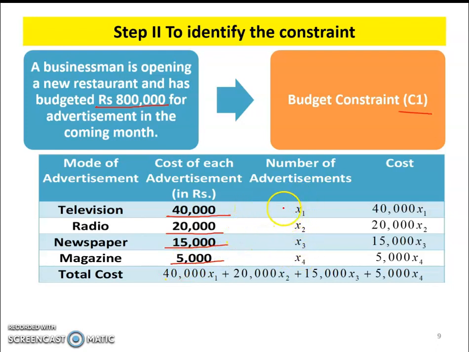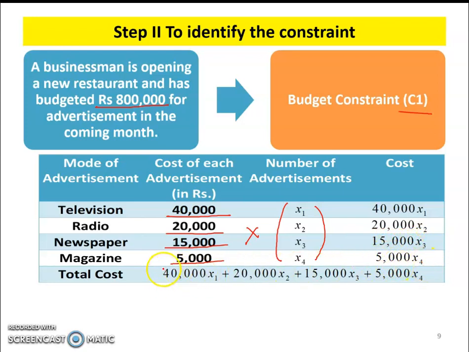And the number of advertisements we have assumed will be x1, x2, x3 and x4. So the total cost for advertisement in television will be 40,000 x1, for radio 20,000 x2, for newspaper 15,000 x3, and for a magazine 5,000 x4.